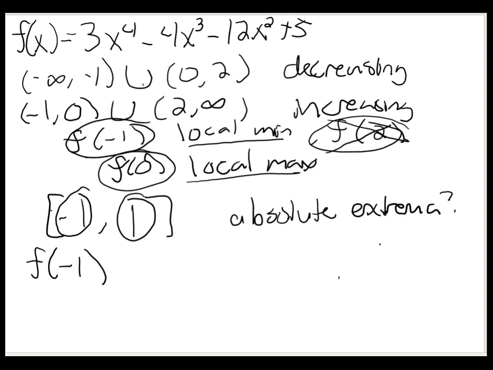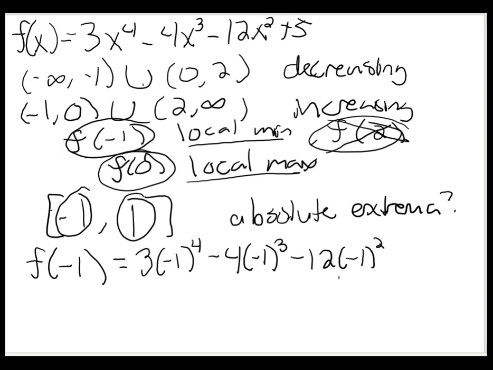So we could check f of -1. So 3(-1) to the 4th minus 4(-1) cubed minus 12(-1) squared plus 5. Or this is going to be 3 plus 4 minus 12 plus 5, or 0.